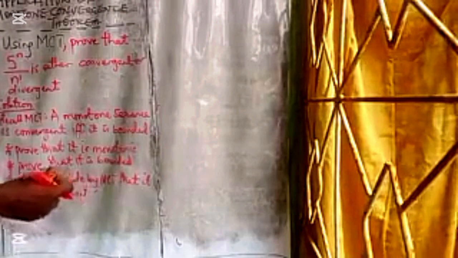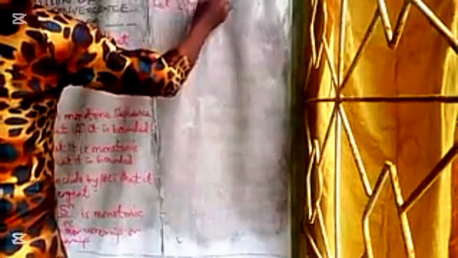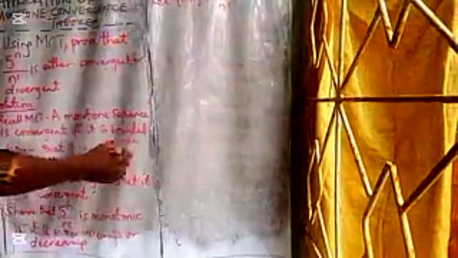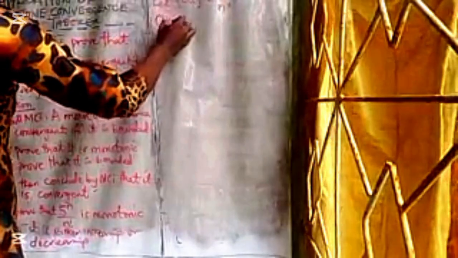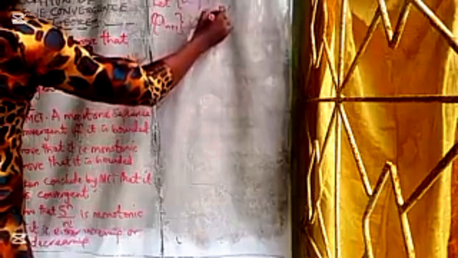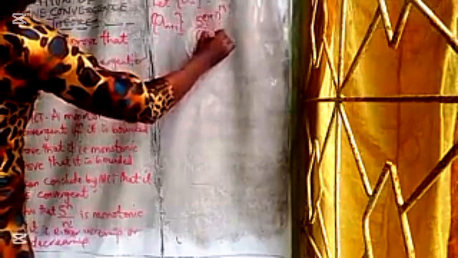I want to show that it is monotonic. It is monotonic means that what? It is either increasing or decreasing. Now let a sub n equal 5 raised to power n over n factorial. a sub n plus 1 will be what? 5 raised to power n plus 1 over n plus 1 factorial.